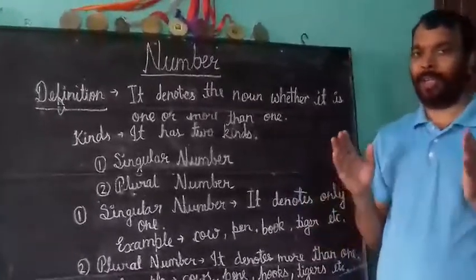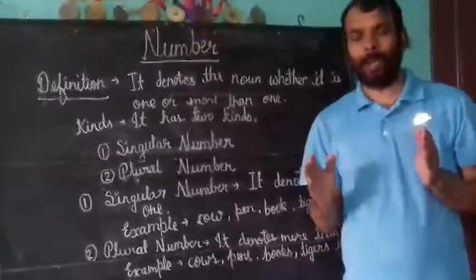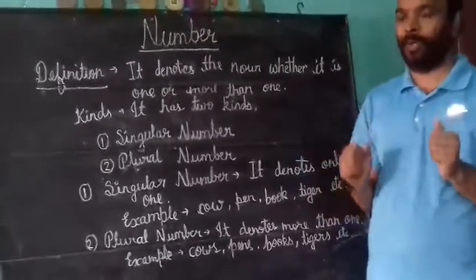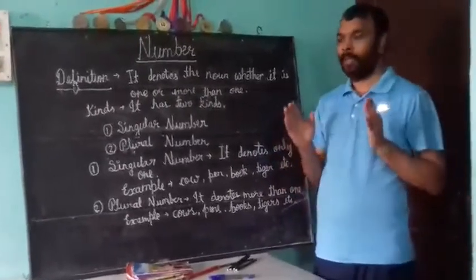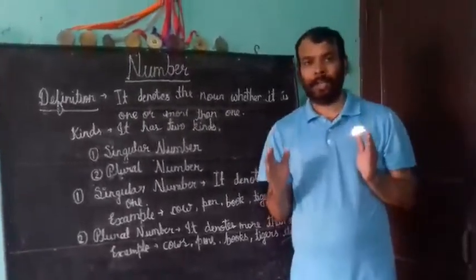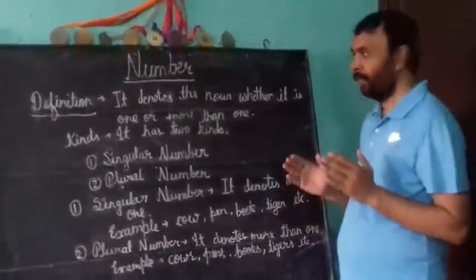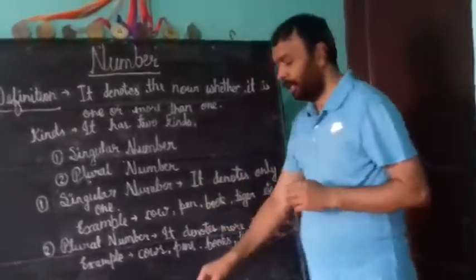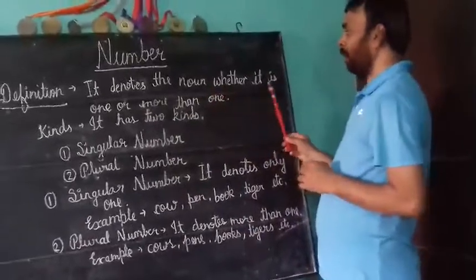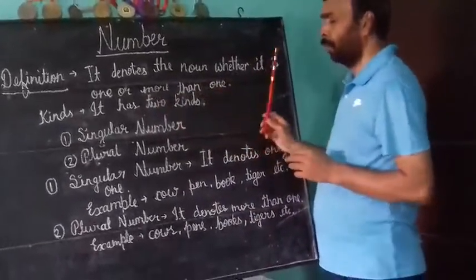If you want to understand noun in a better way, you must know all these four pillars of noun: number, gender, case, and articles. Today we are reading number, and the definition is: it denotes the noun whether it is one or more than one.